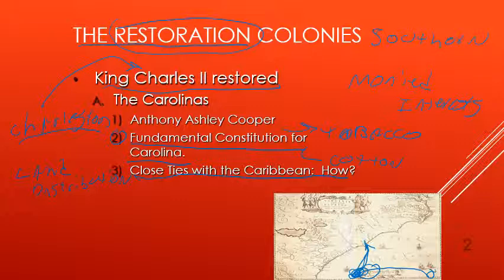Because of those ties, that's how the system of slavery and the practices that begin to be implemented in American slavery are defined at the beginning, right? Because remember, they come from the Caribbean. The traders from the Caribbean come up and say, well, this is how we treat the slaves. This is what we do. And Americans start to pick up on a lot of those similar practices, for better or for worse, mostly for worse.